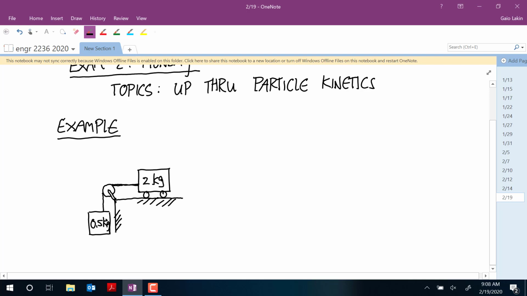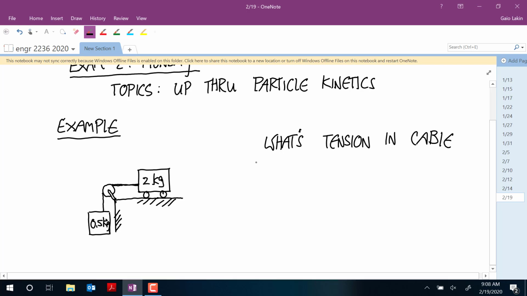And we want to calculate what's the tension in the cable, given that these things can move and accelerate.